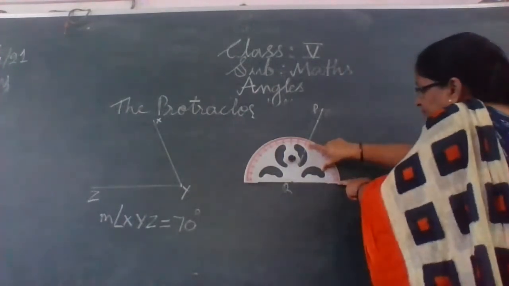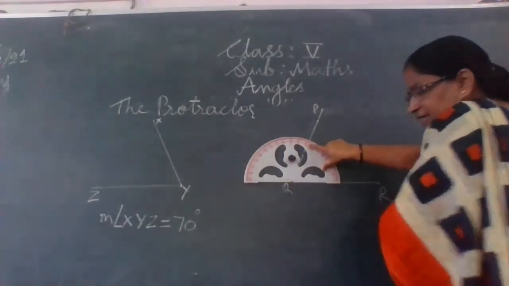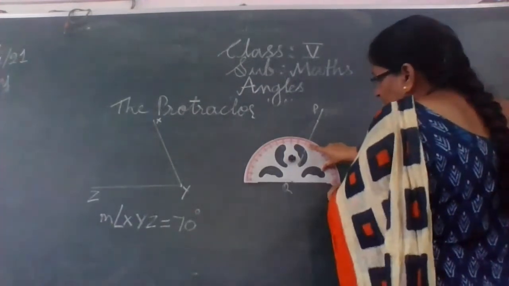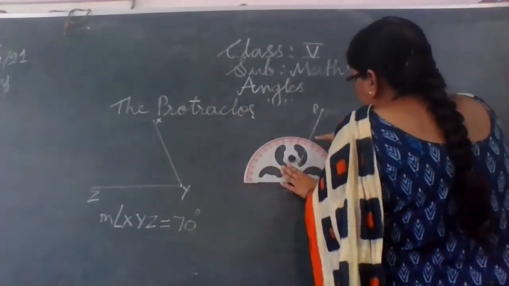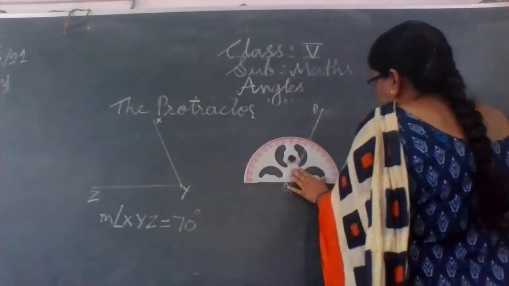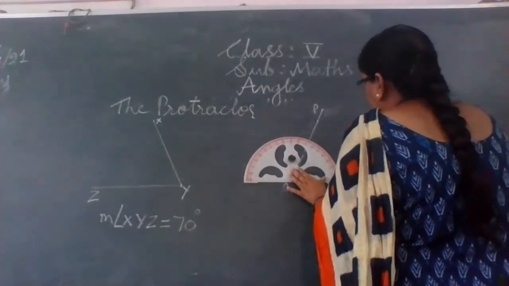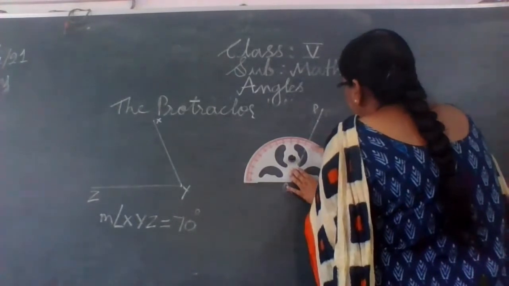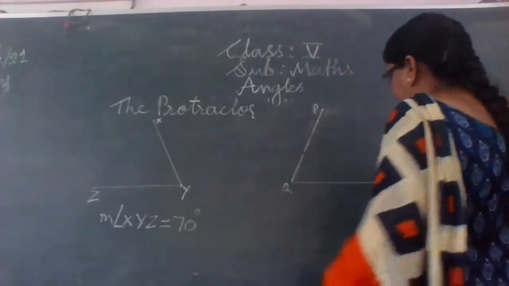Okay. Now see. QR is the base arm of this angle. So we will start from the 0 and reach till we get to the arm QP. So start 0, 10, 20, 30, 40, 50, 60 and it is 65.